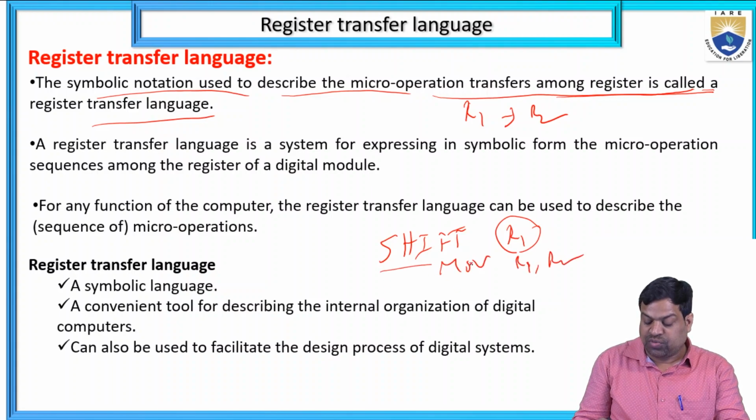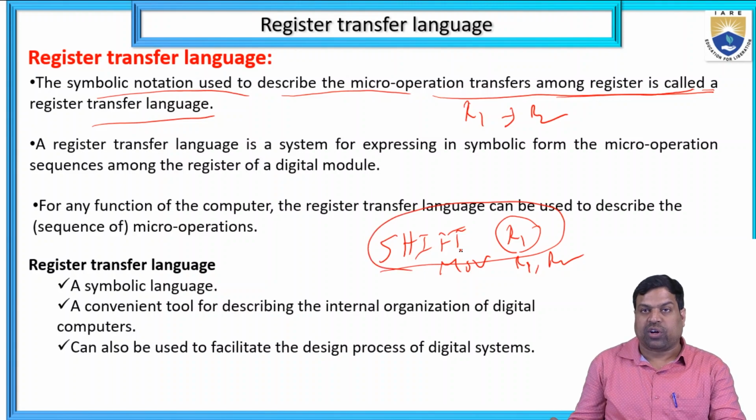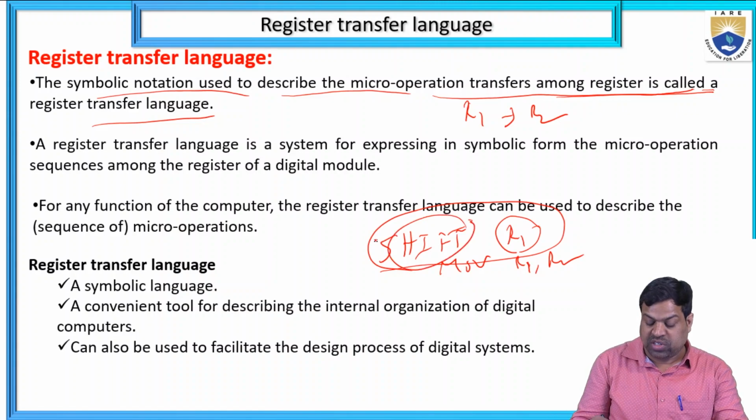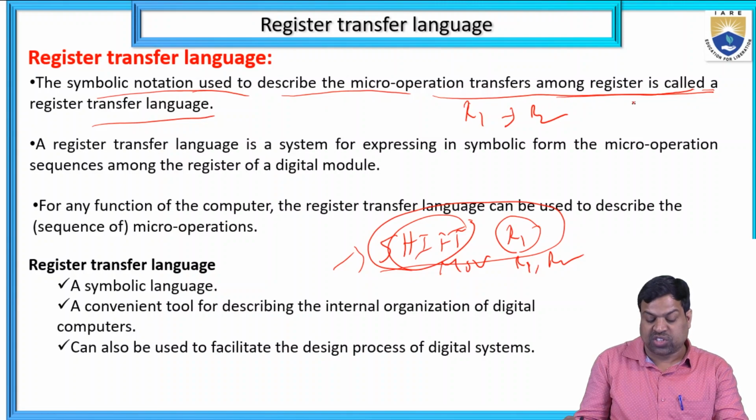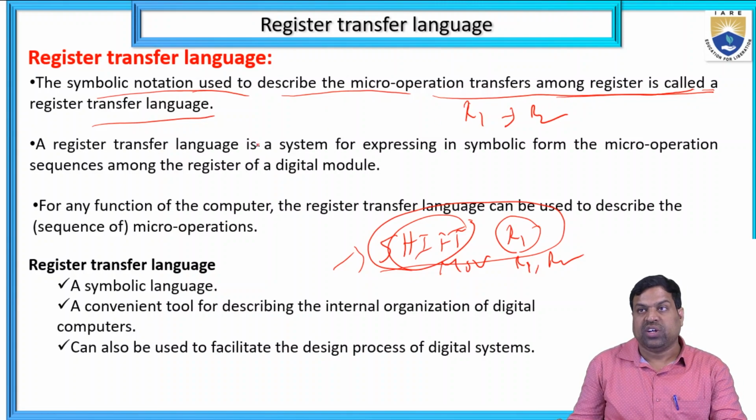So shift R1 means the values of register R1 have to be shifted to another register. How is it possible? I am using one program. So it is a symbolic notation used to describe the micro operations transferred among the registers, called the register transfer language.